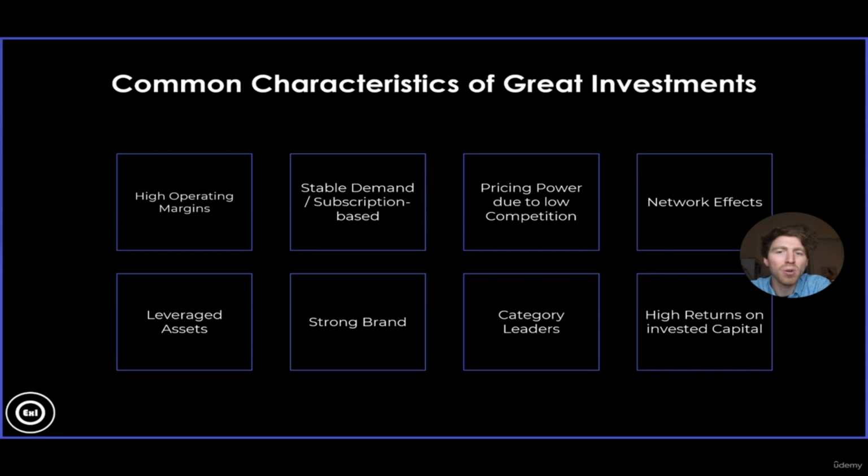Stable demand or subscription-based business is also a good indication for good investments. Stable demand, to name here, is energy, food, or subscription-based companies like Salesforce or Netflix. Pricing power due to low competition. This is especially true for these kind of monopoly-like companies.